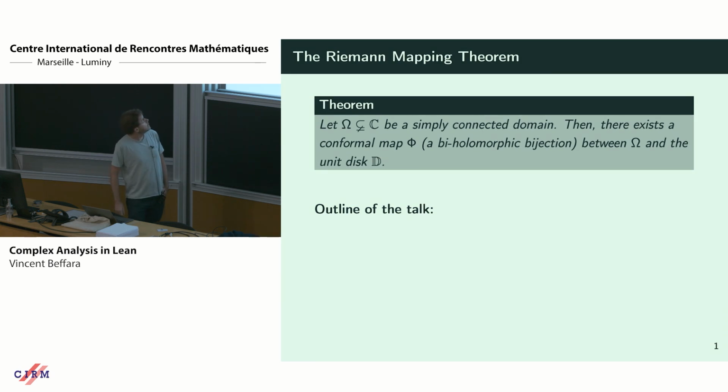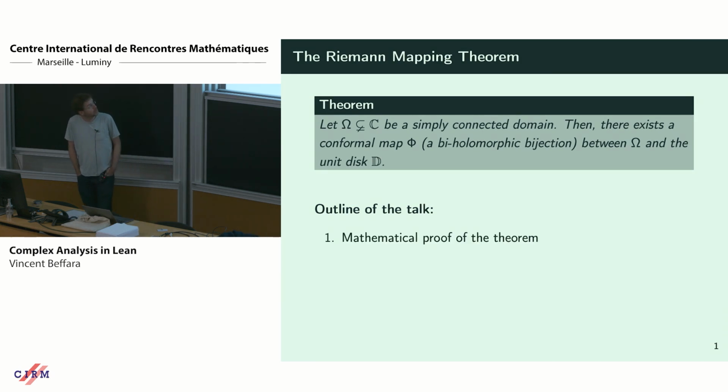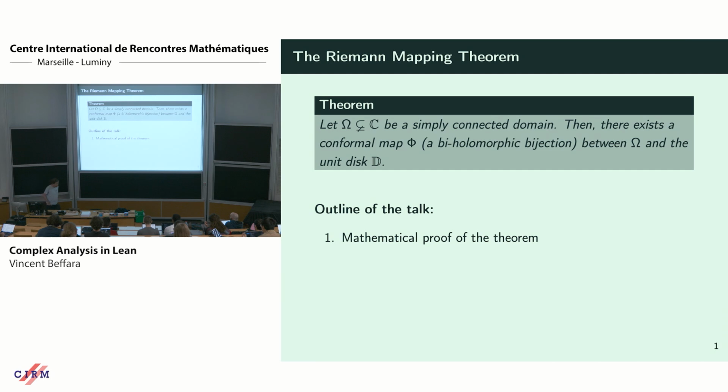So here's the plan for the talk. First, I will give you a quick blackboard overview of the proof. So purely normal mathematical proof, just to have a framework of what we're going to do next. Then I'm going to show you a few bits as they are formalized in Lean and what I did here.